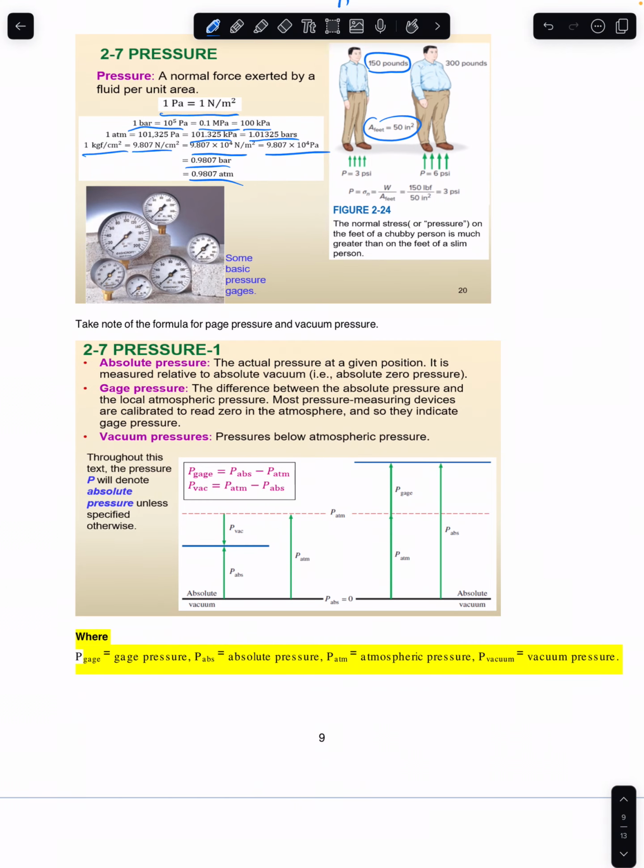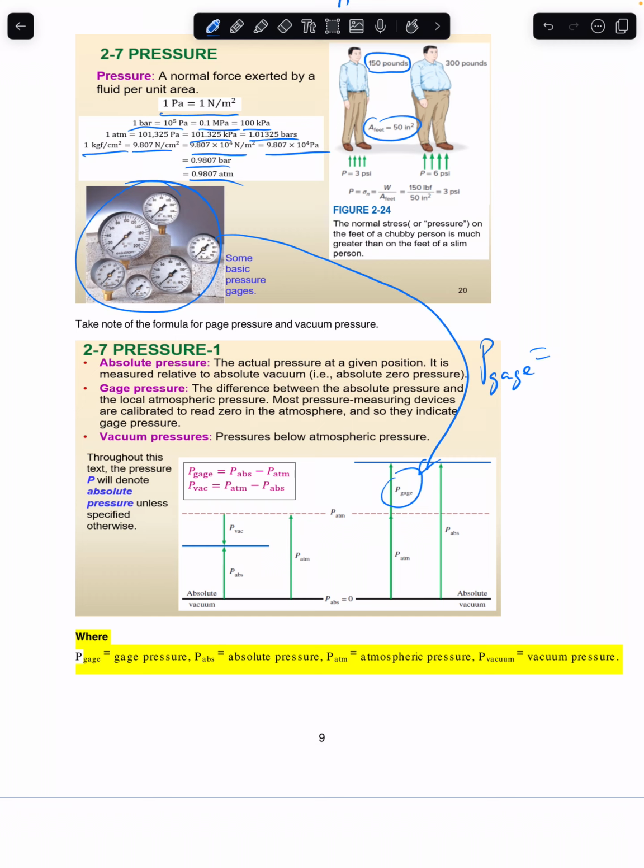Now let us look at pressure with respect to gauge pressure and vacuum pressure. When we talk about the gauge pressure, it's actually a pressure in a gauge, which you see. This is an example of a gauge. So the gauge pressure is equal to what?